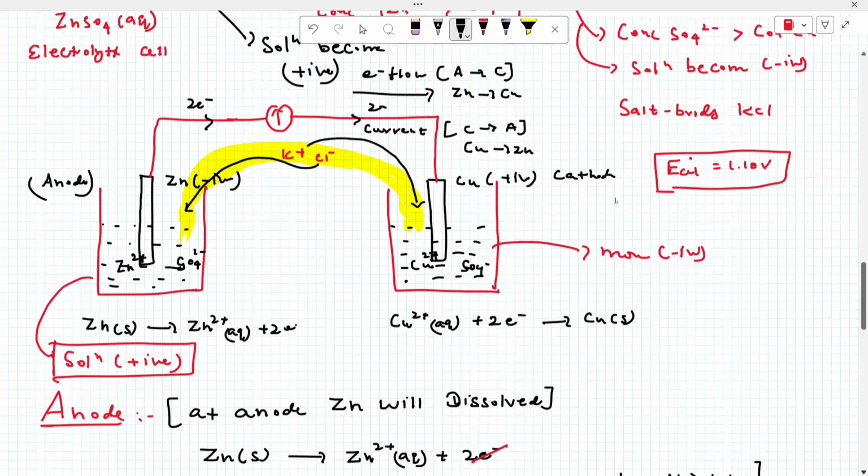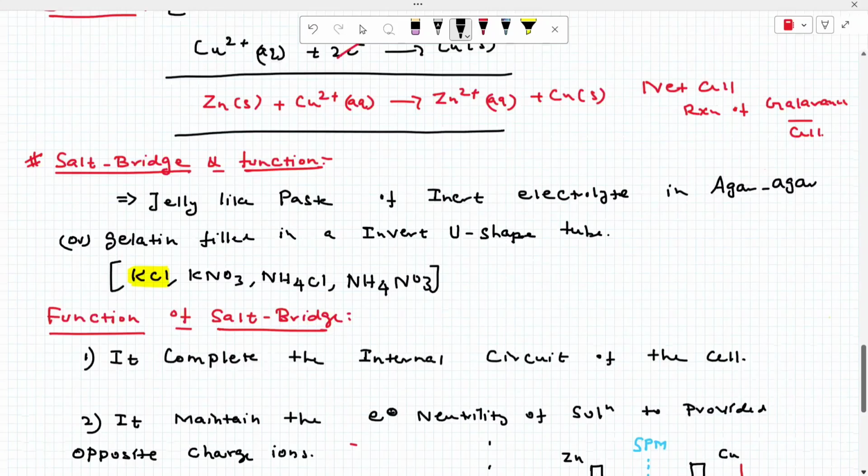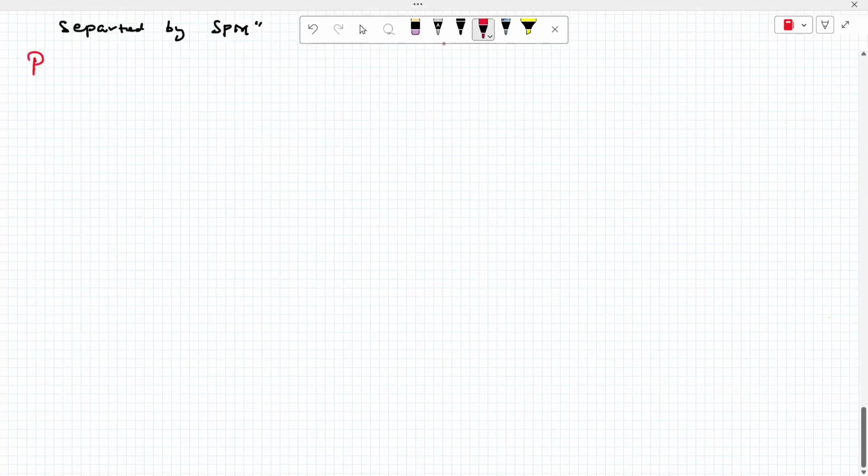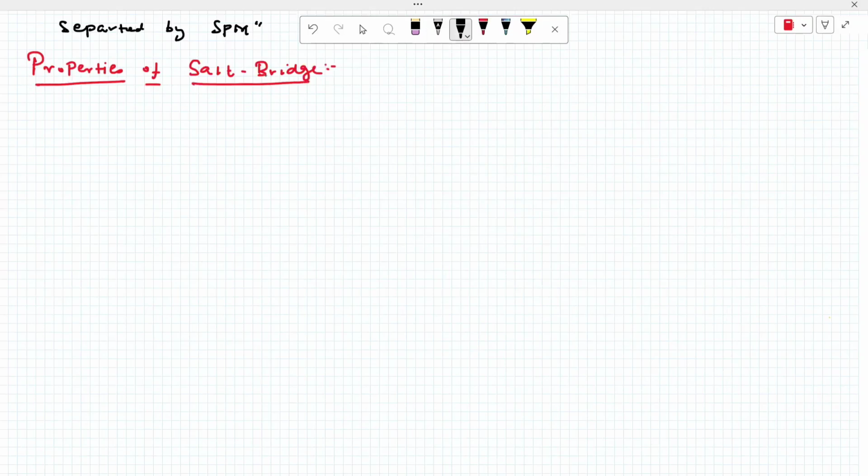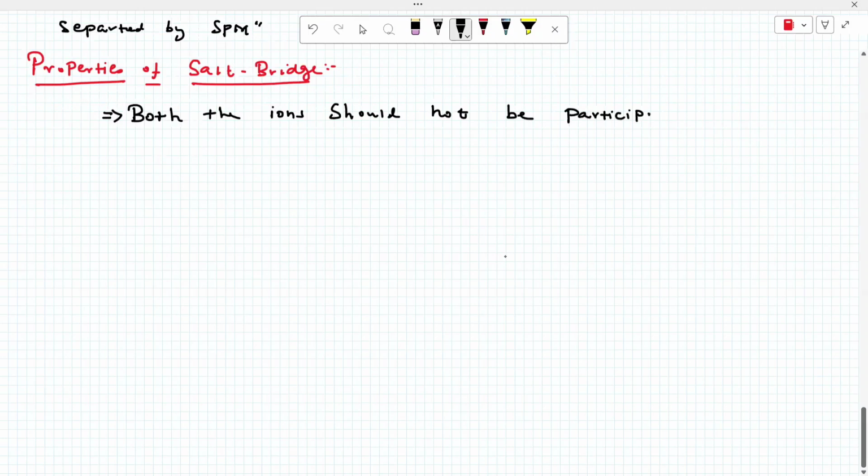note properties of salt bridge. The both ions should not participate in any of the electrolytes and electrodes, very important, electrodes.